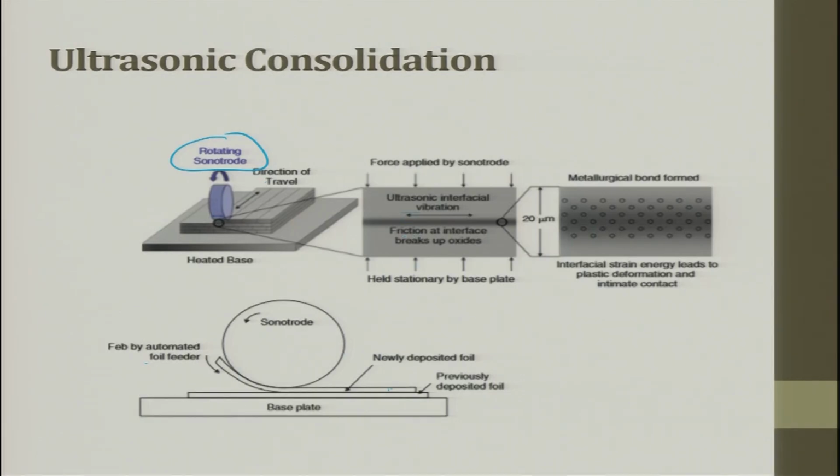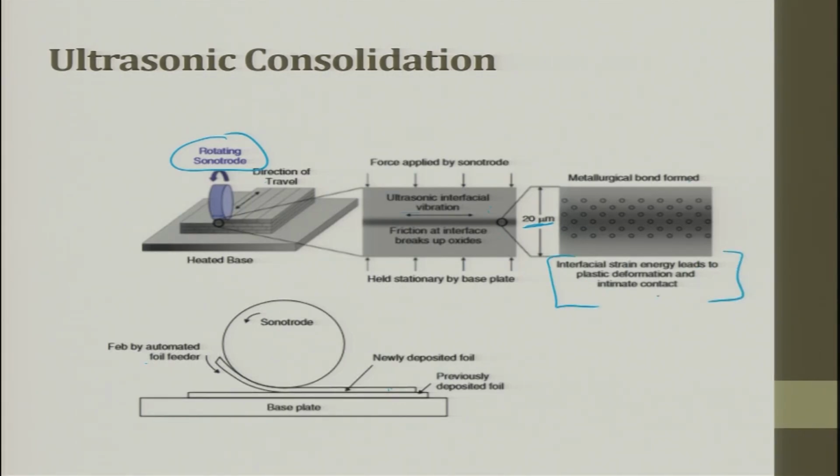So, what happens is the friction at the interface breaks the oxide layer. Two nascent layers come in contact, and by the force you apply, it glues. The metallurgical bond which is getting formed is 20 microns only. The interfacial strain energy leads to plastic deformation and intimate contact.